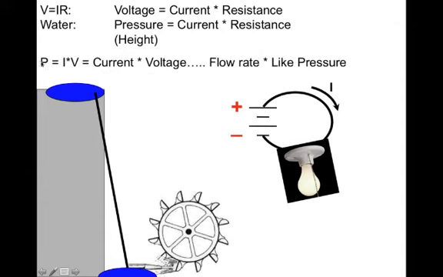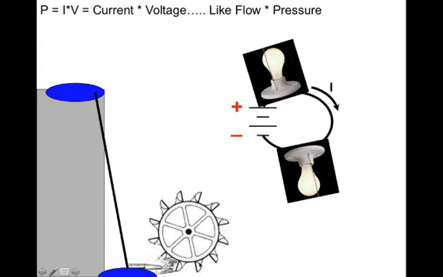The power that we would get from this circuit is the current, how fast the electrical current flows, times the voltage, how hard we're pushing it. Just like the rate of power would be equal to the flow rate of water through this hose times the pressure, how hard it's pushing.